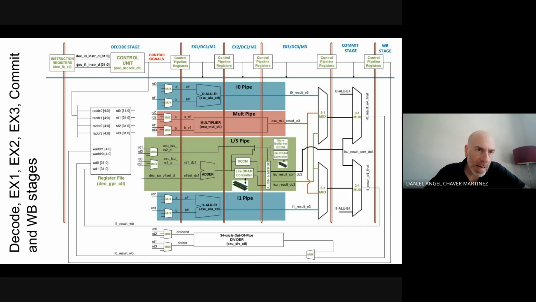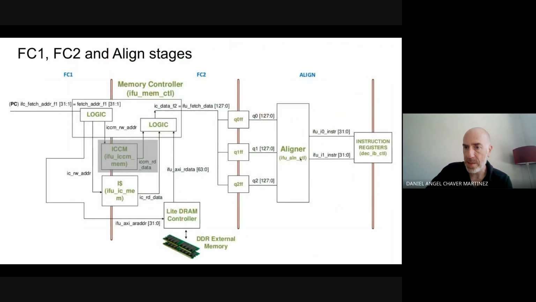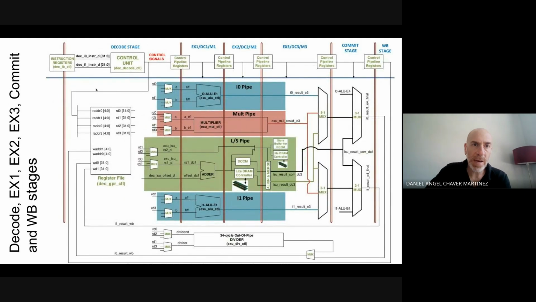So if you see here on the left part, on the top, there is this instruction registers block, which is the same that we had on the right of the previous figure. The instruction registers are filled by the aligner and are consumed by the decoder of the processor. So the decoder will extract 2 instructions per cycle from the instruction registers.